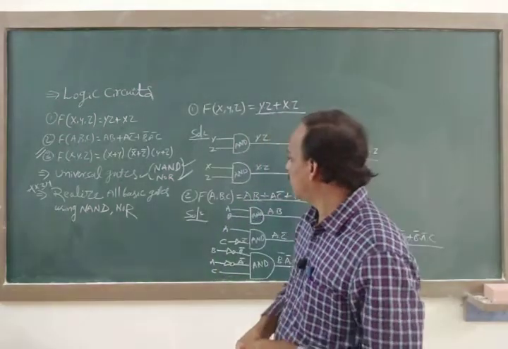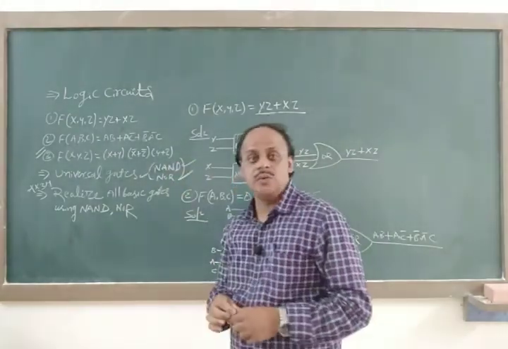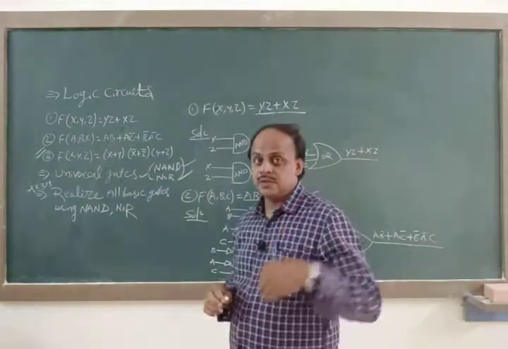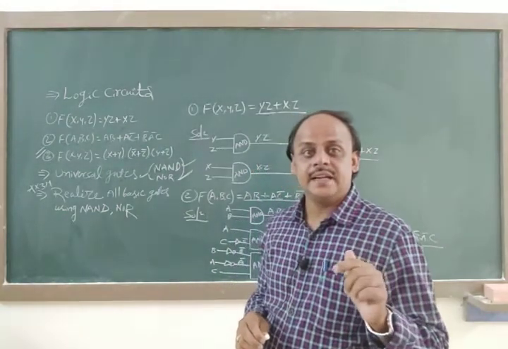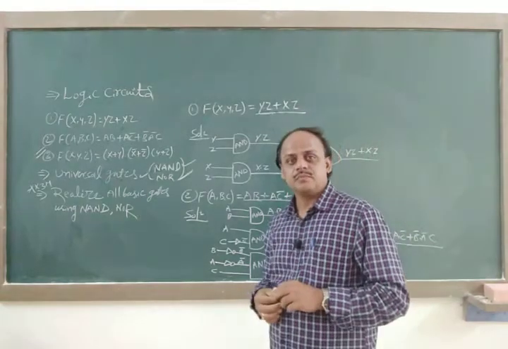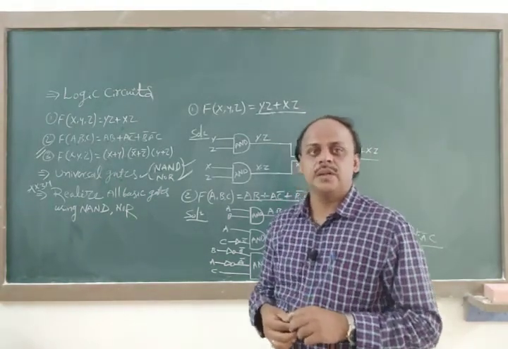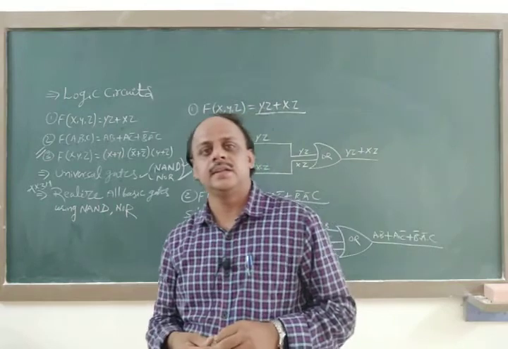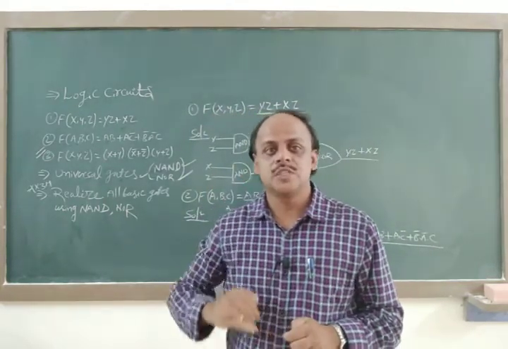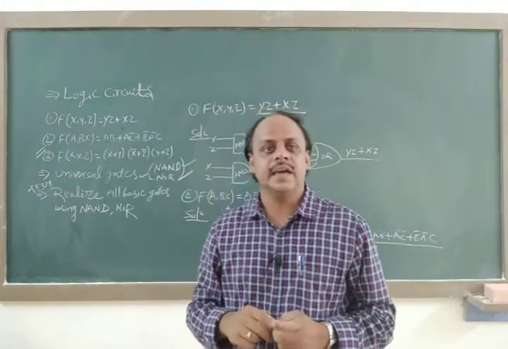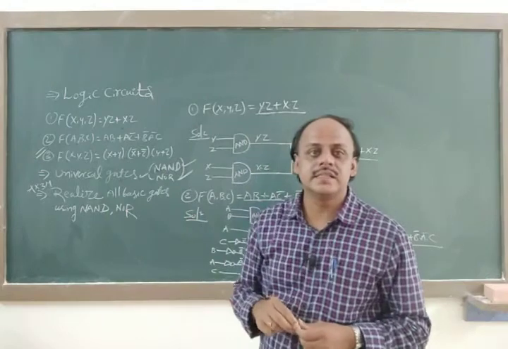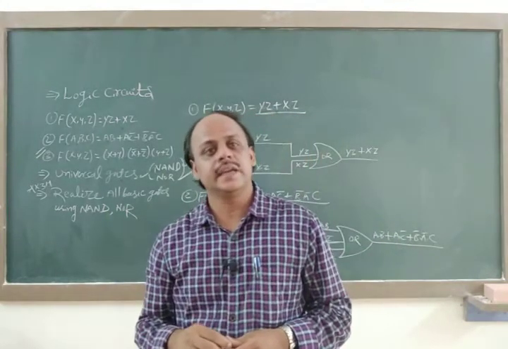This is important for 1 mark. What is universal gate? Or give example for universal gates. Or he is going to ask why NAND and NOR are called universal gates. You get the point? Because with the help of NAND as well as NOR, it is possible to construct the basic gates. Hence, NAND as well as NOR are considered as universal gates.